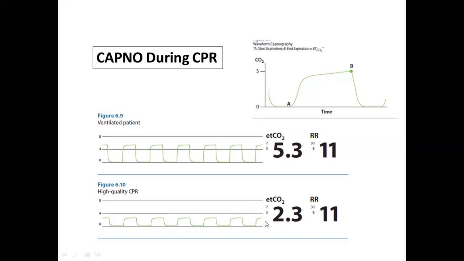If the end-tidal carbon dioxide is between 10 to 20 mmHg, that denotes good chest compressions. So indirectly we can get evidence of good chest compressions, that means whether we are doing a great job during the CPR by looking at the capno tracing, right?